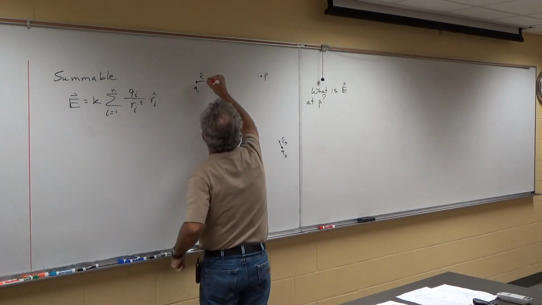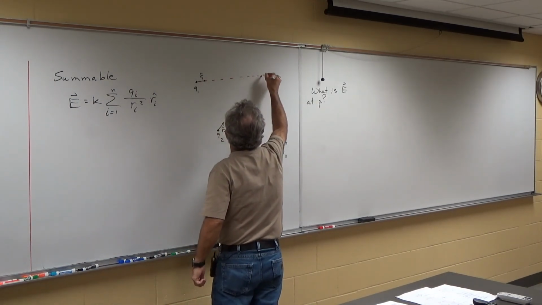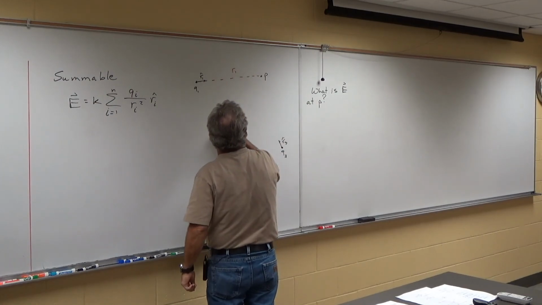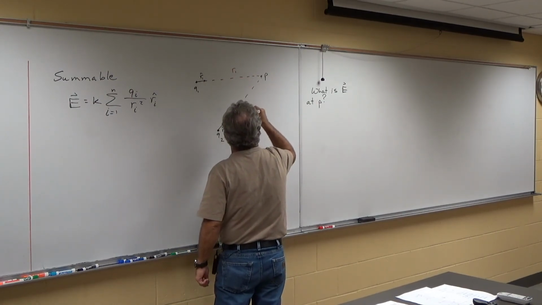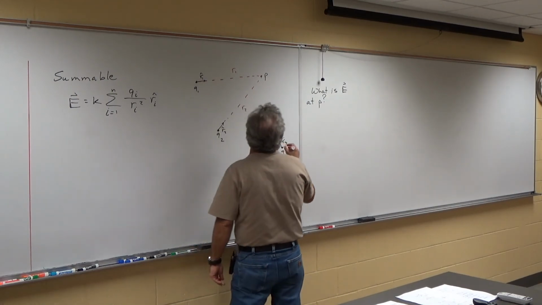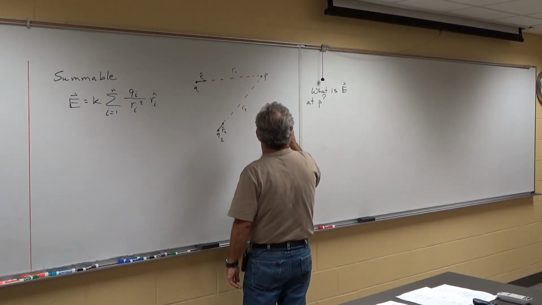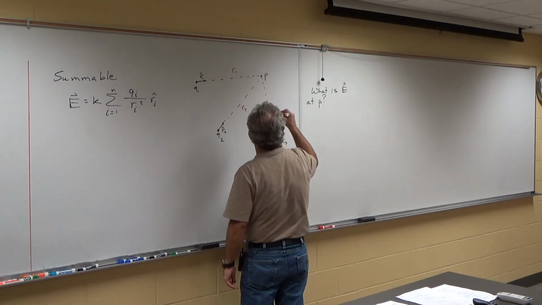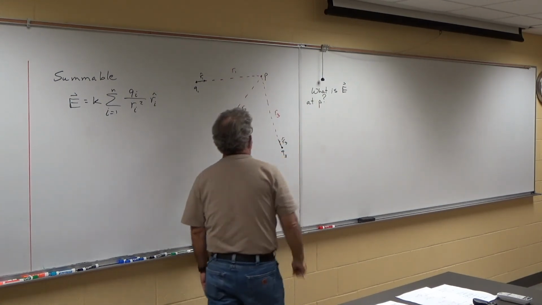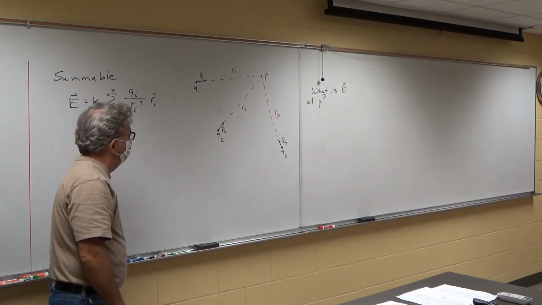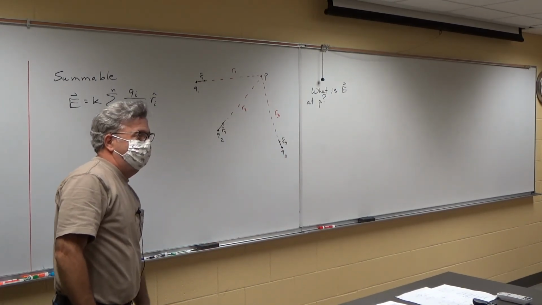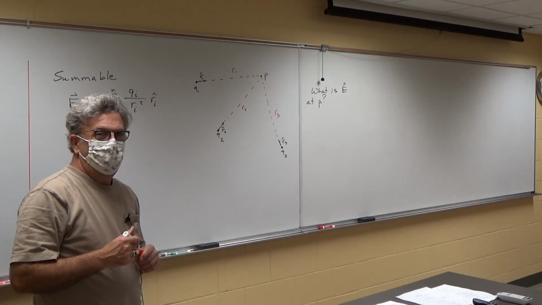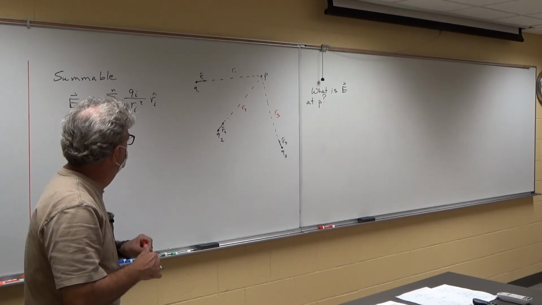Here's the distance R1. Here's the distance R2, and okay, my lines look halfway decent today. Okay, here's R3. R3 is not so great, but it's supposed to be a line. Looks more like a curve, but okay.